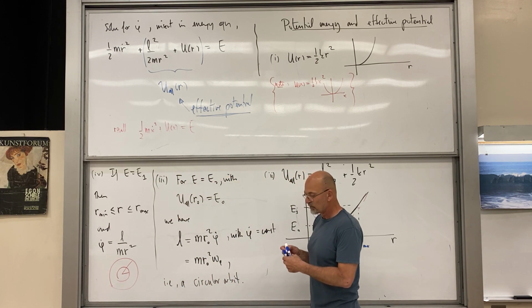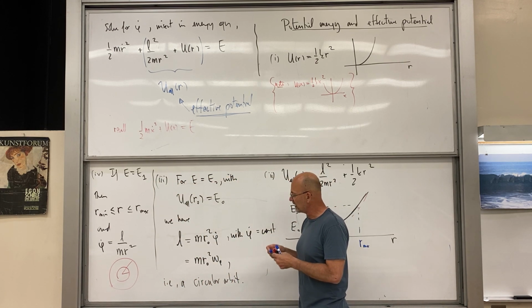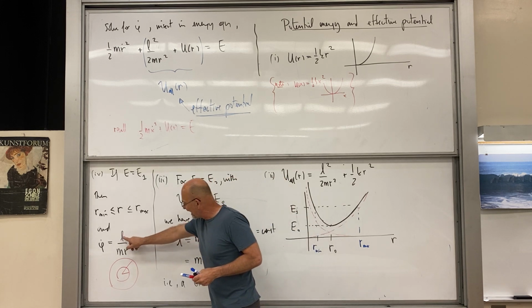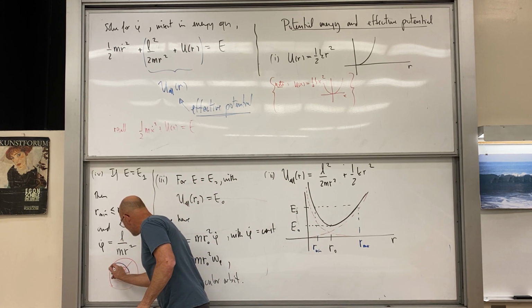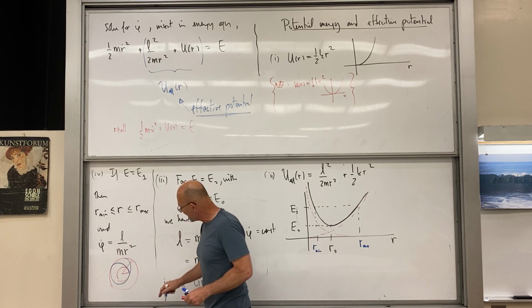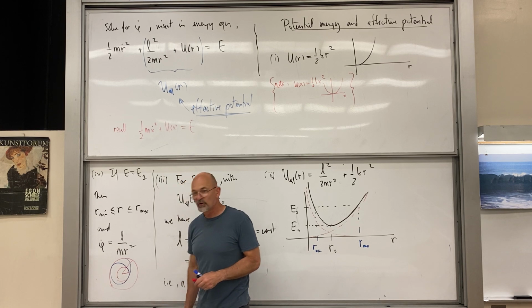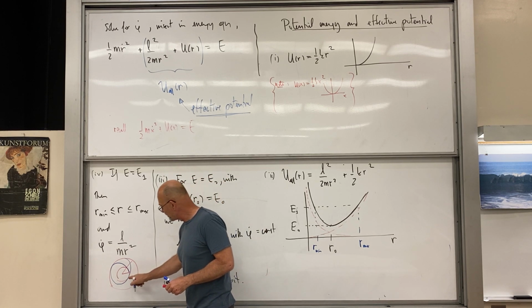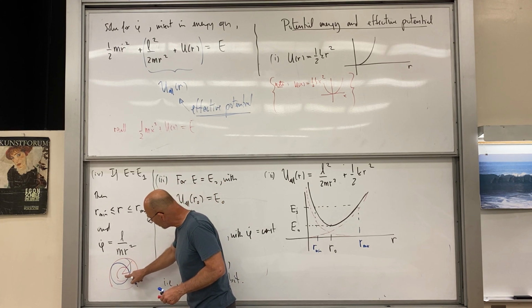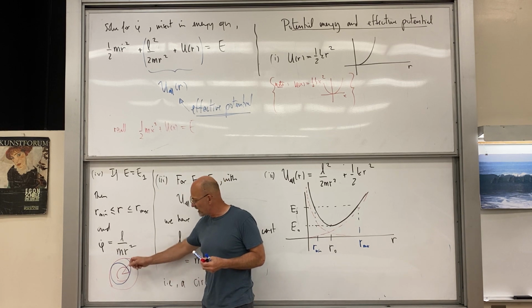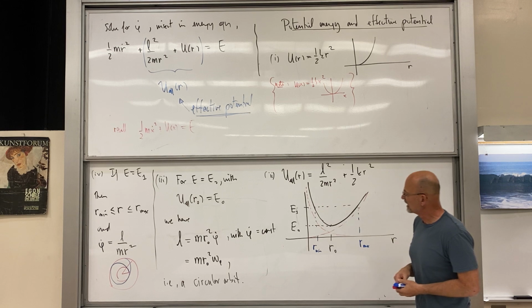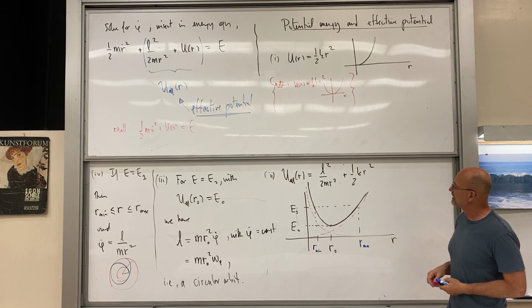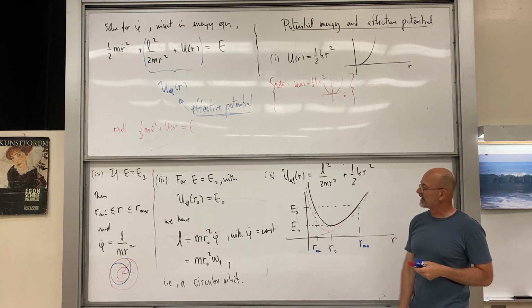The motion is restricted to those radii, and yet angle's being swept out, so we're looking at some kind of orbit. And it doesn't have to be a closed orbit either. Okay, but it's being swept out. It's always restricted between R min and R max. This is worth being a much bigger sketch, so make a big one in your notes. But the thought process, working from right to left, should be clear.